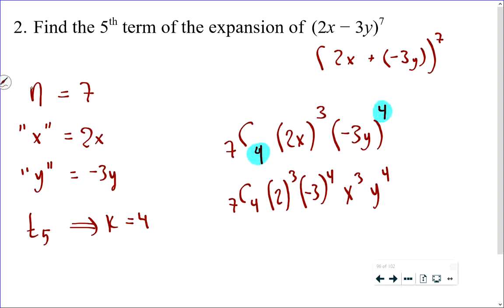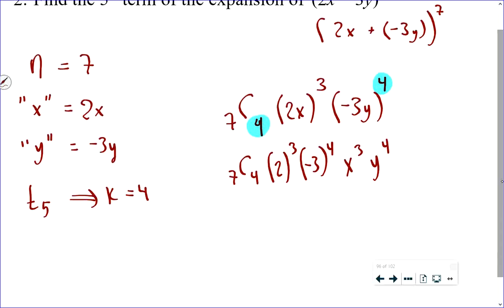I'm just pointing out to you that when we have 2x in brackets raised to the 4, that means 2 is raised to the 4 and x is raised to the 4. So I've separated the numerical parts from the variables to impress on you that this is the coefficient. The coefficient of the fifth term is not 7 choose 4.